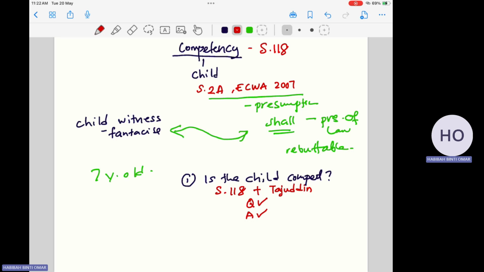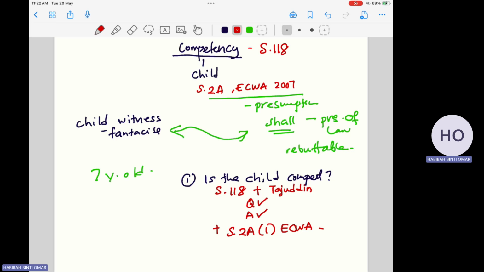This proposition of the general law is further strengthened by section 2A, subsection 1 of the Evidence of Child Witness Act, by which the law presumes that children are competent witnesses. So if you read section 2A of the Evidence of Child Witness Act, you find that all child witnesses shall be presumed to be competent.